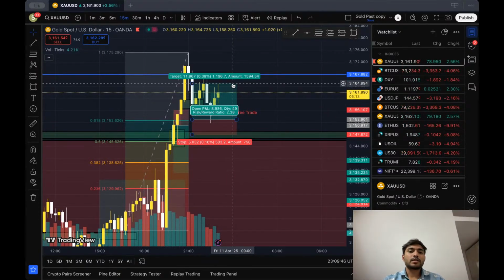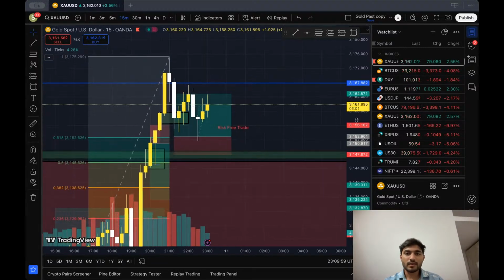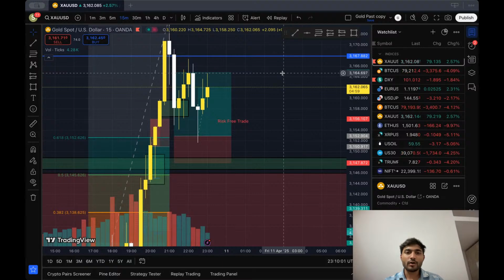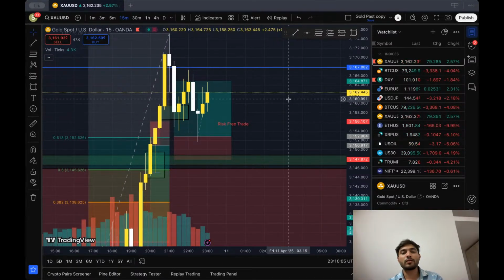Almost there. Just by 1 or 2 pips. 1 pip. I don't think even 1 pip. By 1 pip, we missed the trade. Oh, I mean, we missed the TP. It could hit in this candle as well.